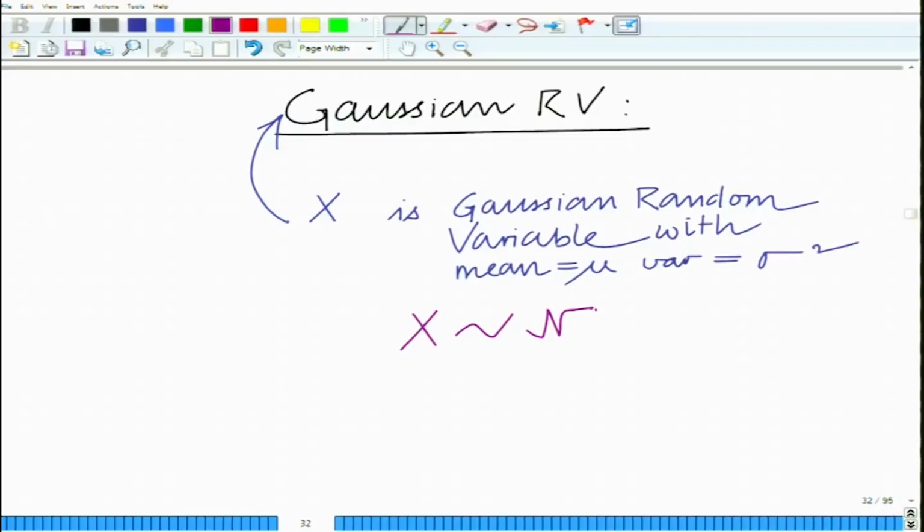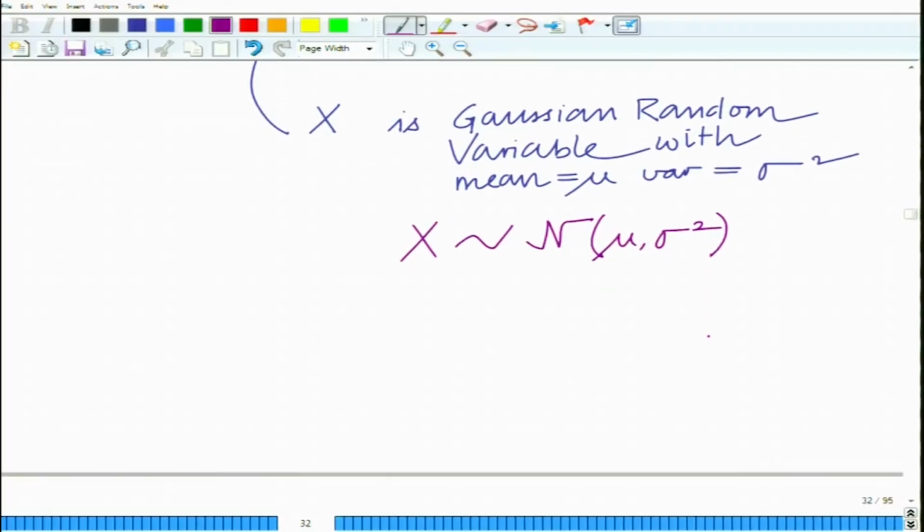This is also known as a normal random variable. It is denoted by this notation N, with mean mu and variance sigma square.